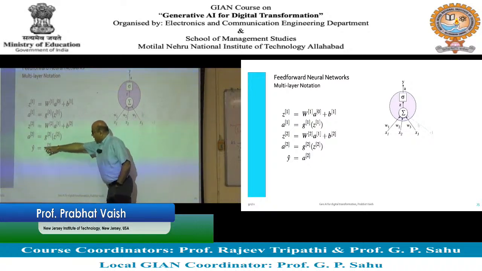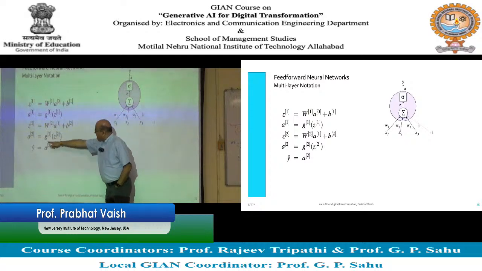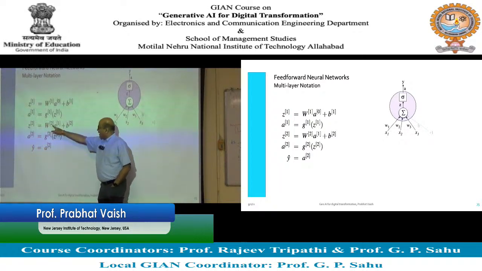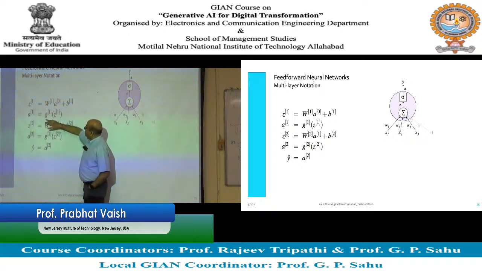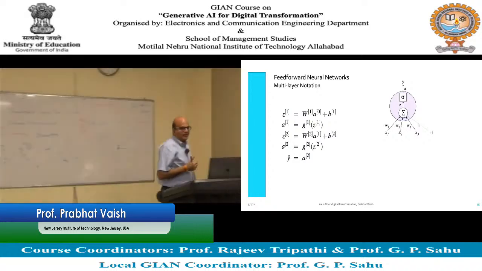So y prime is the computed function in the second layer, which is basically G multiplied by Z. Z is the output of the prior layer as weights multiplied by the values coming in the hidden layer plus bias, which is again a function of G multiplied to Z, where Z1 is the very first layer of the input. You are just basically increasing it one layer at a time.